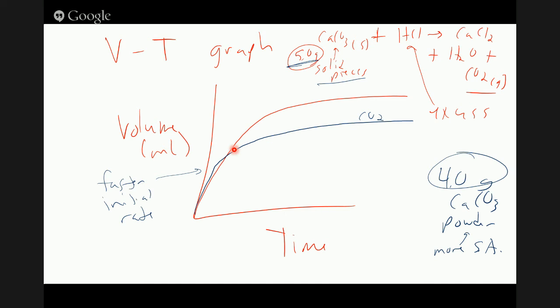But it's not going to produce as much carbon dioxide because the calcium carbonate is the limiting reagent, and therefore it will make less CO2. That was question 15II on the test.